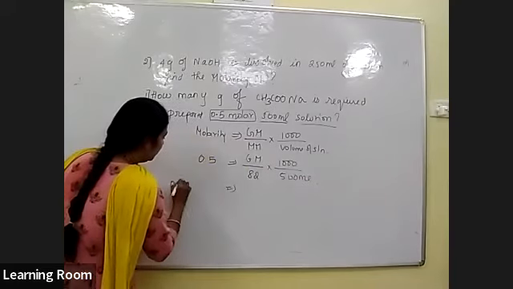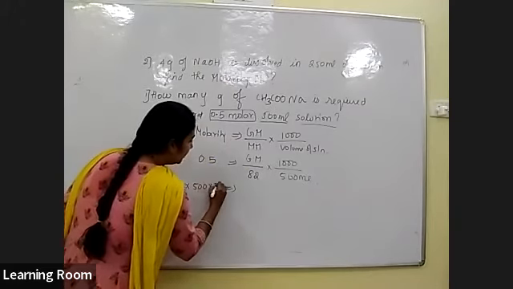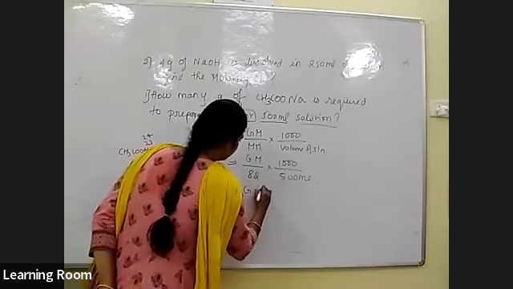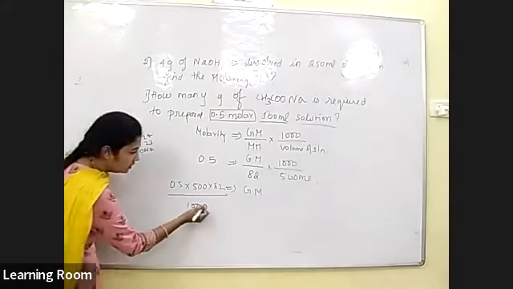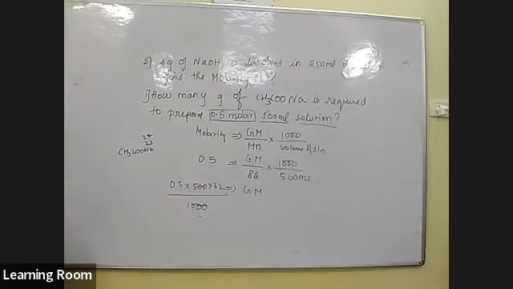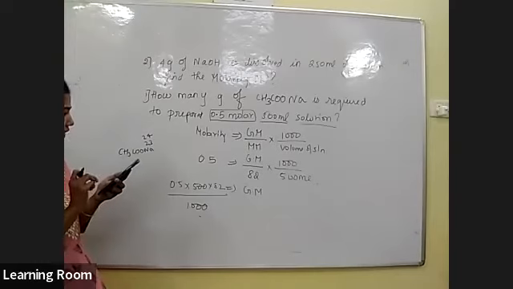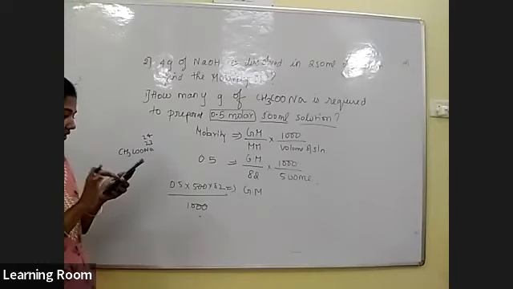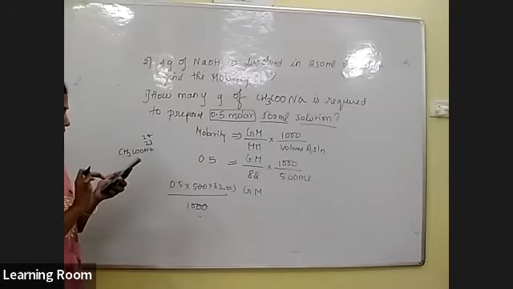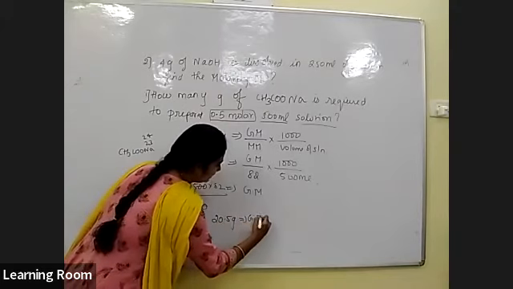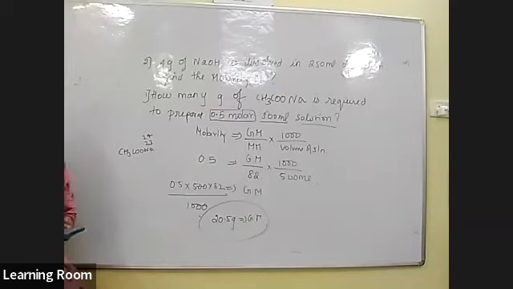So now 0.5 into 500 into 82 divided by 1000. What is the calculation? So now 0.5 into 5 into 82 divided by 20.5. This is your given mass. Everyone got this one?